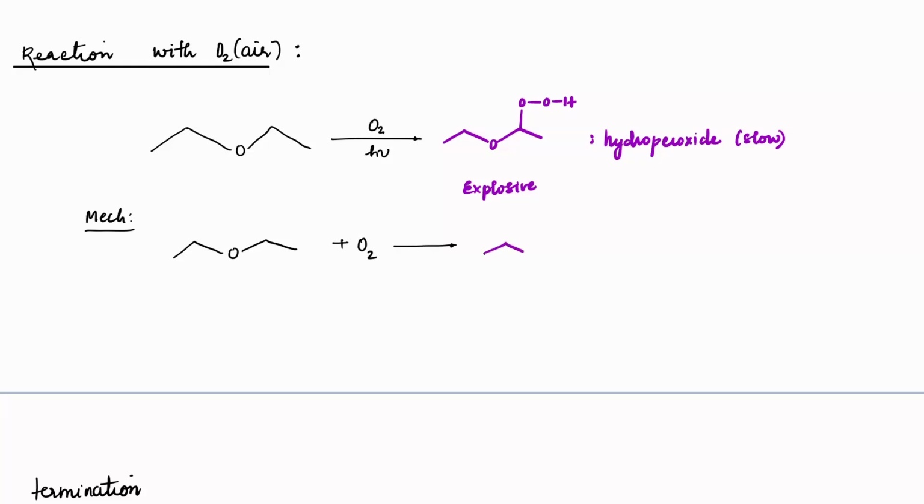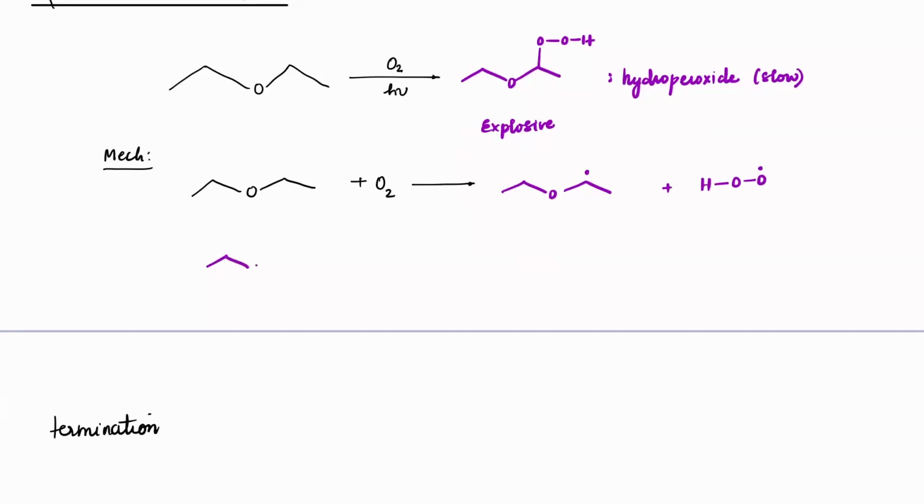Mechanism-wise, an O dot is first forming here, and oxygen on the other hand will take it as OO dot, and these radicals will terminate, HOO dot, to form OOH.